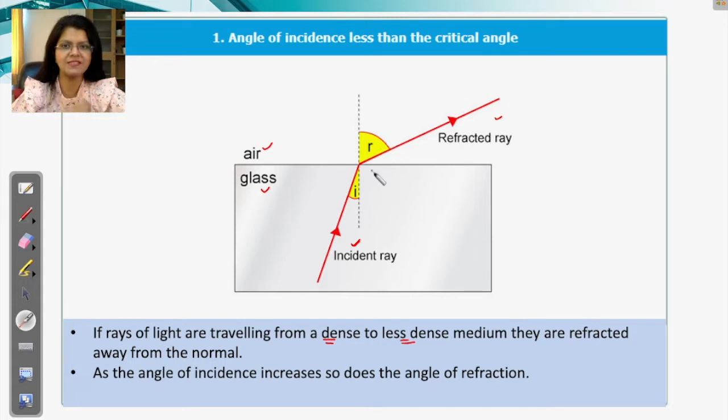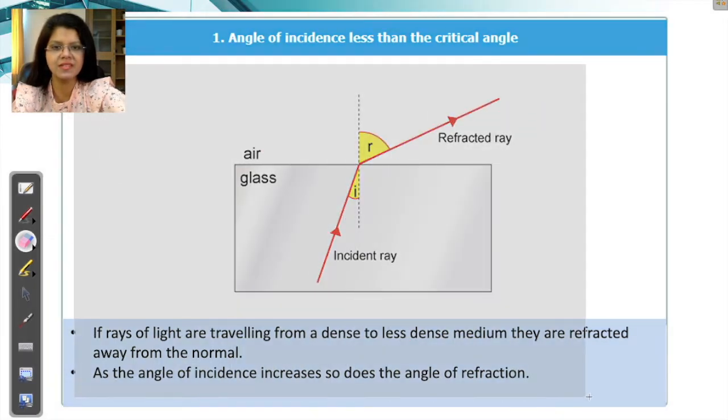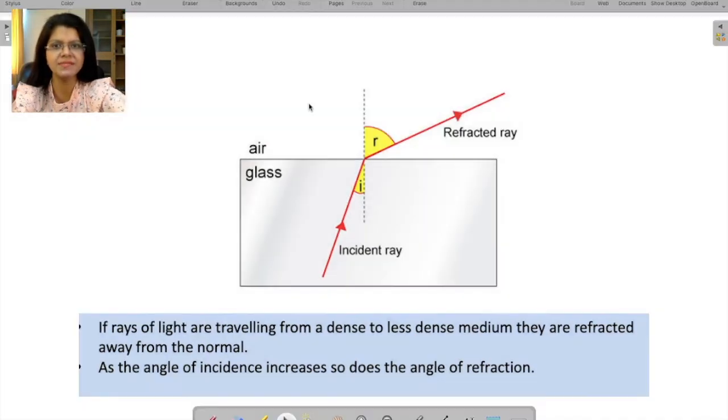But what if you increase the angle of incidence here? As the angle of incidence is increased, so does the angle of refraction. Let us see it on a whiteboard to understand what we are talking about here. So I am taking this whole screen on my whiteboard and we are going to understand the second point.